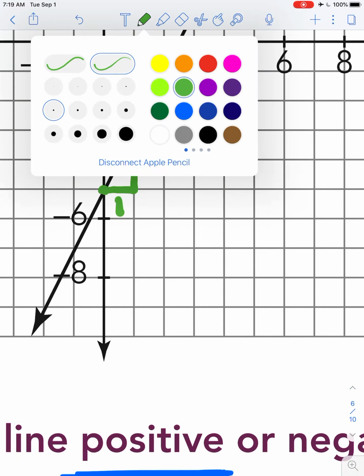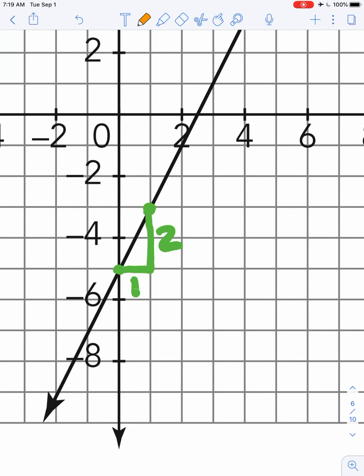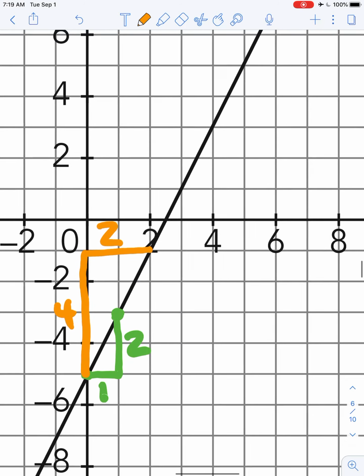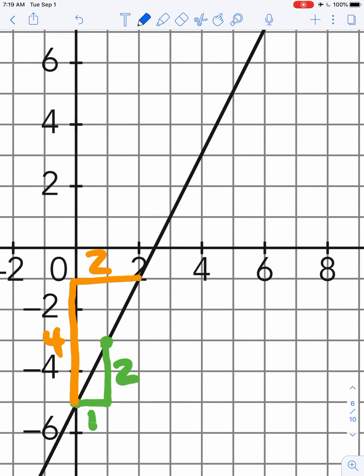Now, could I have done this triangle right here and done the height is 4 and the base is 2? Could I have used this point right here and this point right here?